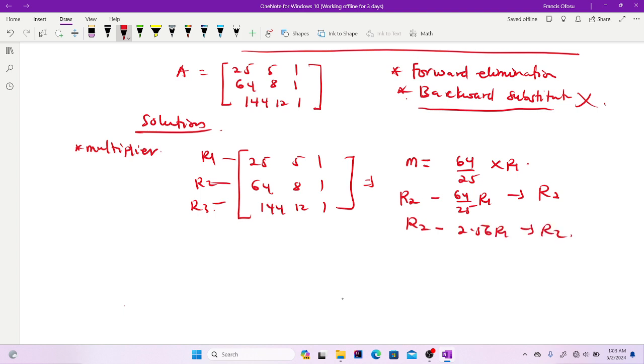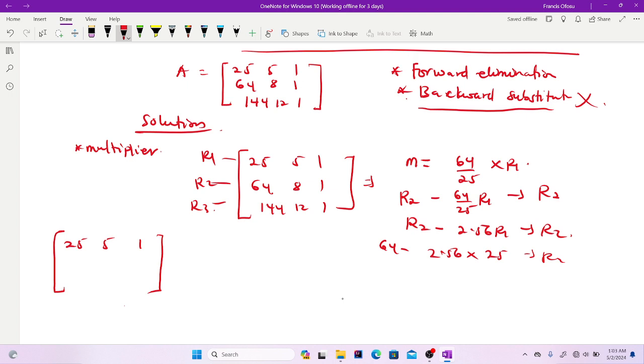So for the first part, I'm going to get something like 25, 5, 1. Then here, my row 2 is where I start to apply the row operation. So row 2, 64. I'm going to get 64 minus 2.56 times 25, which maps to row 2. What is 2.56 times 25?